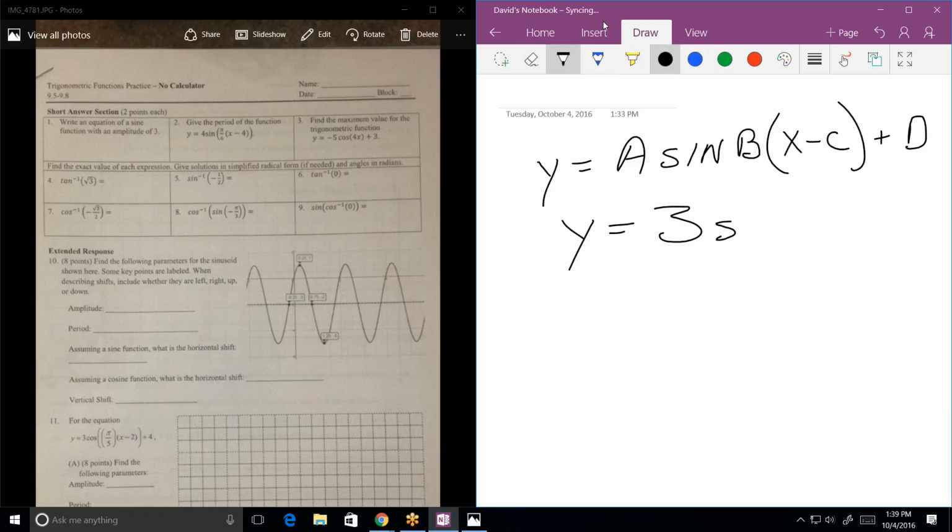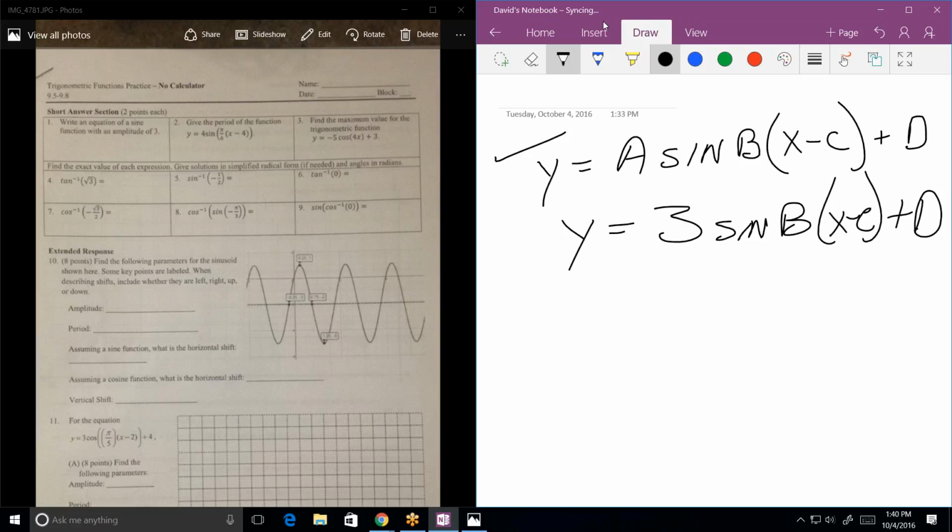If I were to say this, no. In other words, this is the general equation. There's a big difference between the general equation and a specific equation.